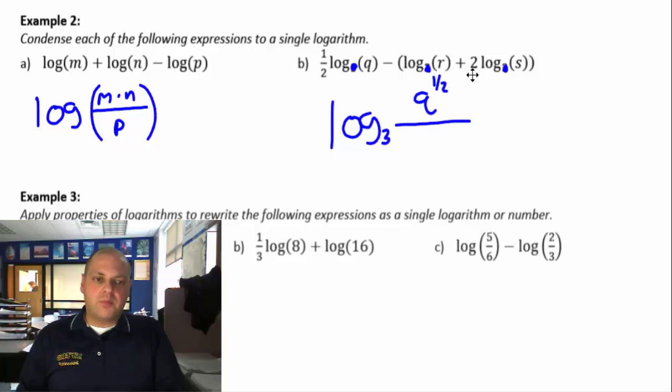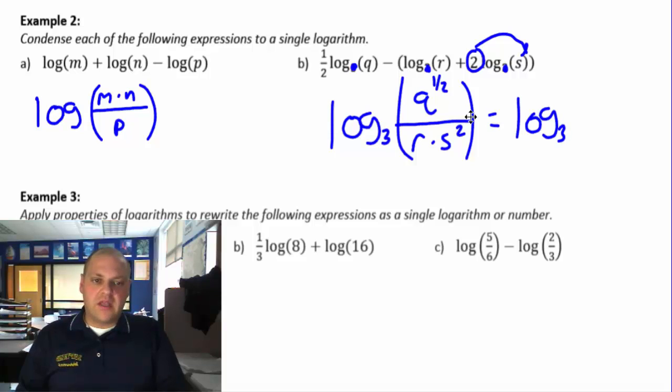And then this is r plus, so it's r times. 2 log s would be s squared. Remember, that goes back to the exponent. So it'll be s squared, and then we're just going to make that log base 3. This is radical q over r times s squared.